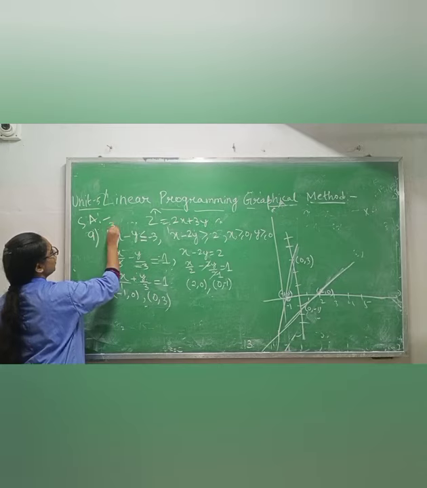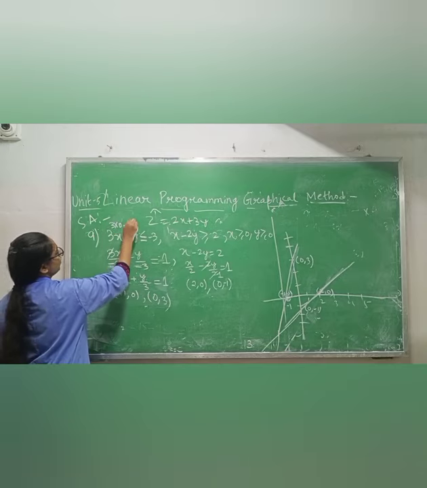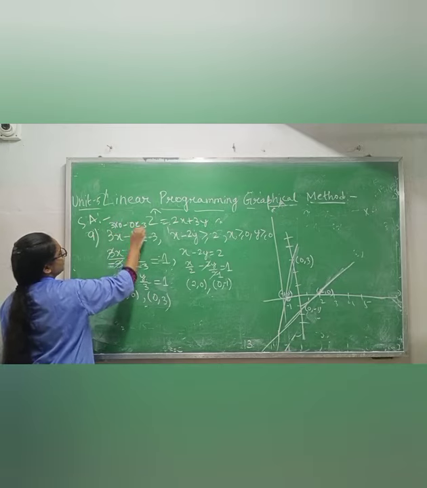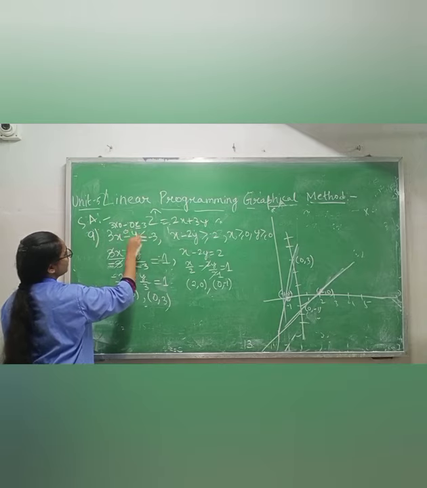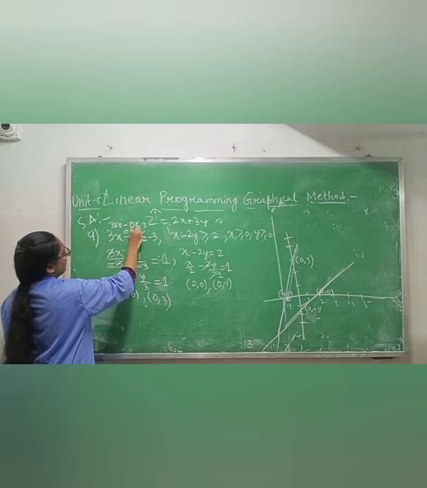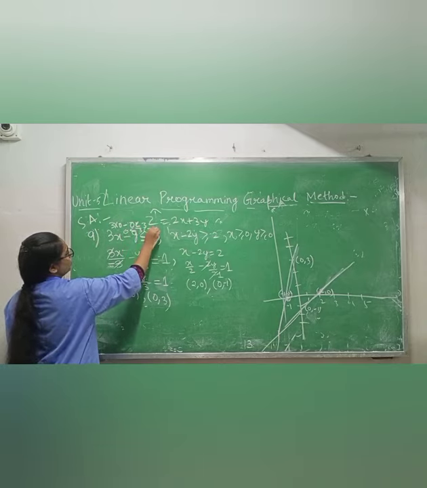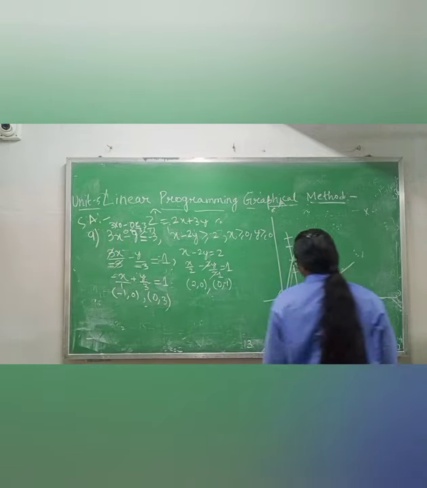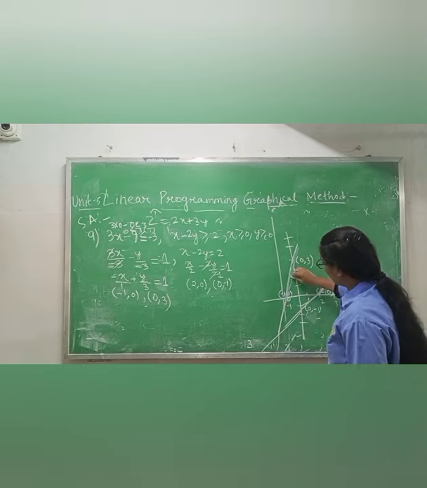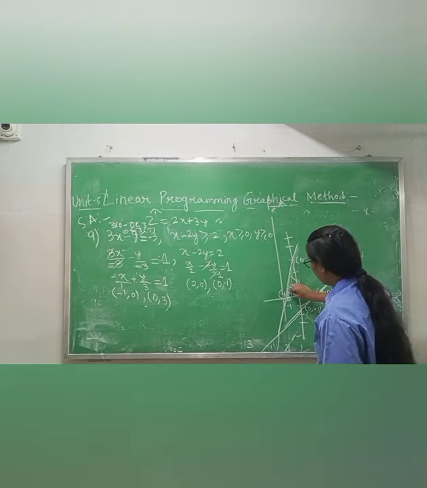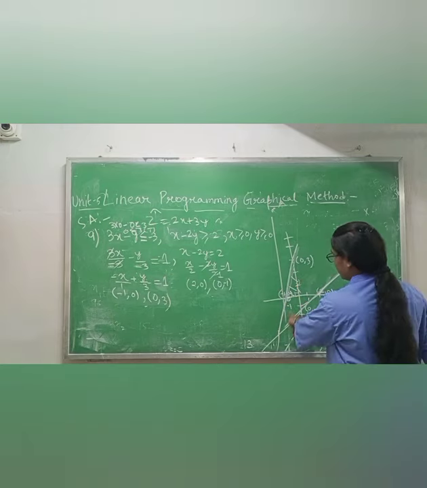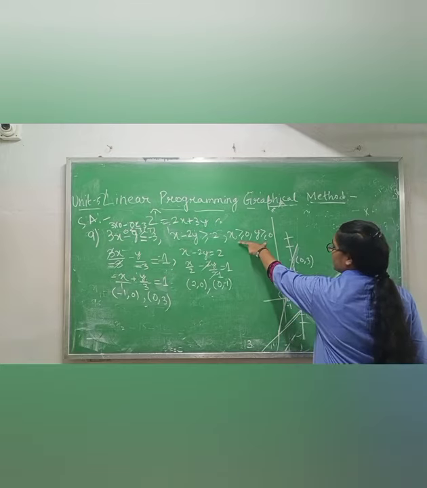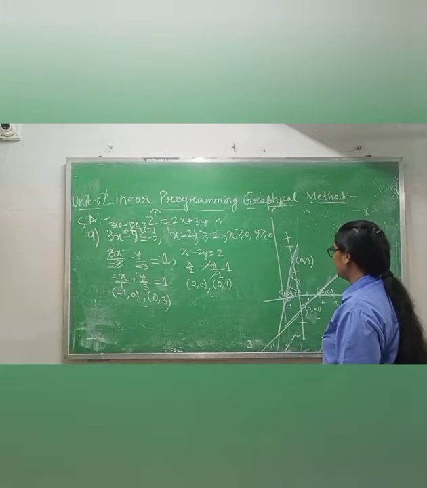If you put 0, what will you get? 0 is less than or equal to 3. It is true. So this line will go towards the origin. But it will not go to this part because x and y are restricted to never be negative.